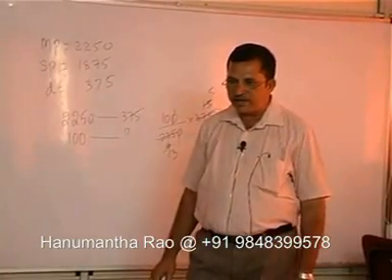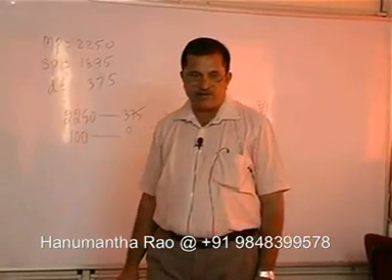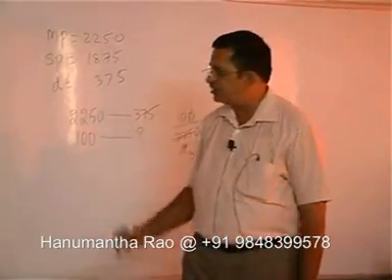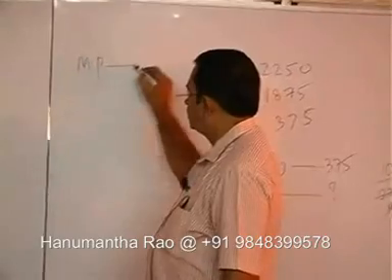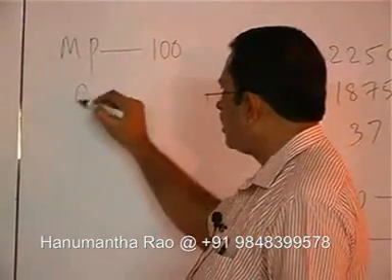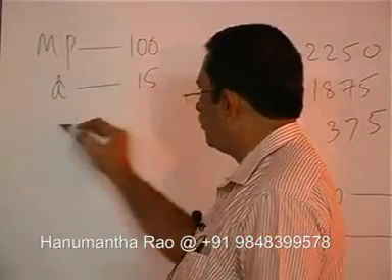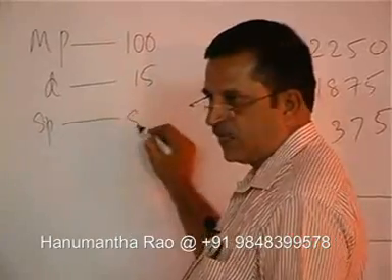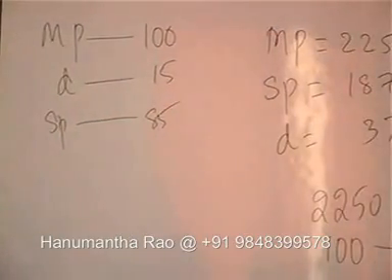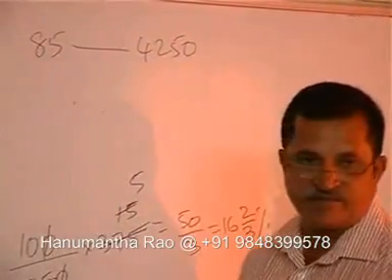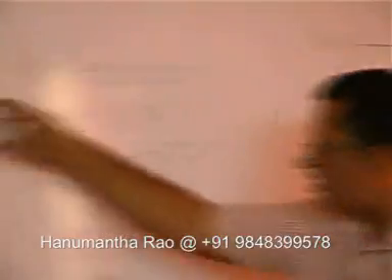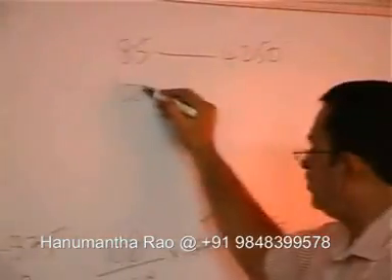After allowing a discount of 15%, suppose the marked price is 100. A discount of 15% is allowed means the selling price is equal to how much? 85, isn't it? 85 is equal to 4,250. What is the marked price means 100 will be equal to how much?